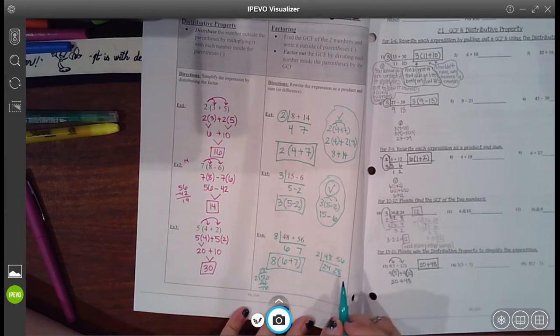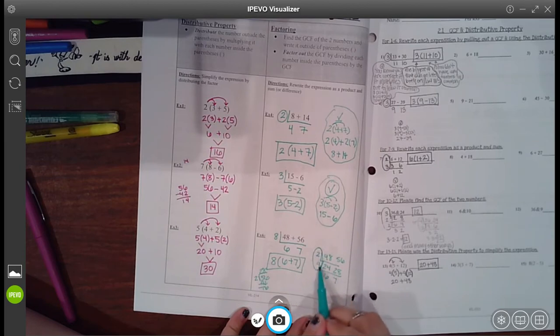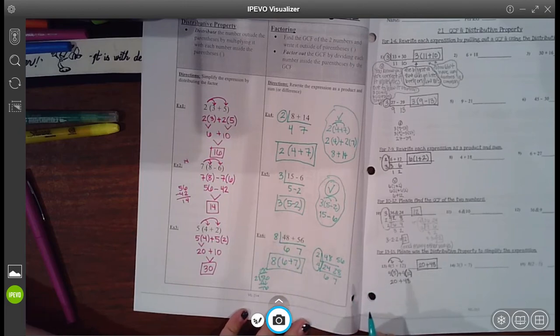And then you saw that 4 could go into both of those. 4 times 6 gives you 24 and 4 times what is 28? 7. Okay, that's still these numbers along the outside. When you multiply those together, that's your GCF. 2 times 4 is 8. And right here is the numbers inside the parentheses. So even if your ladder looked a little bit different, that's okay. Just the bigger the number you choose here, the shorter your ladder will be.